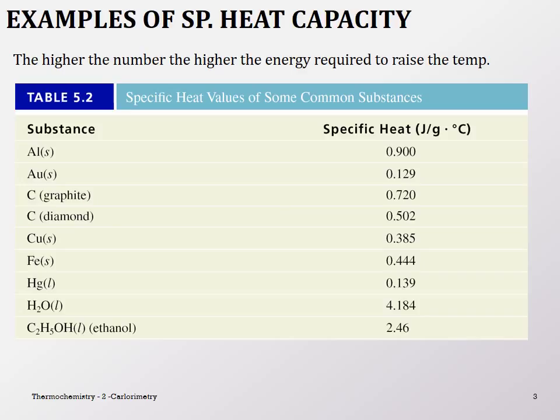Here are some values for specific heat capacity, just for your information. Usually this will be given to you in case you're doing any exam questions, and you're most welcome to refer to the table. You're not required to memorize any of this.